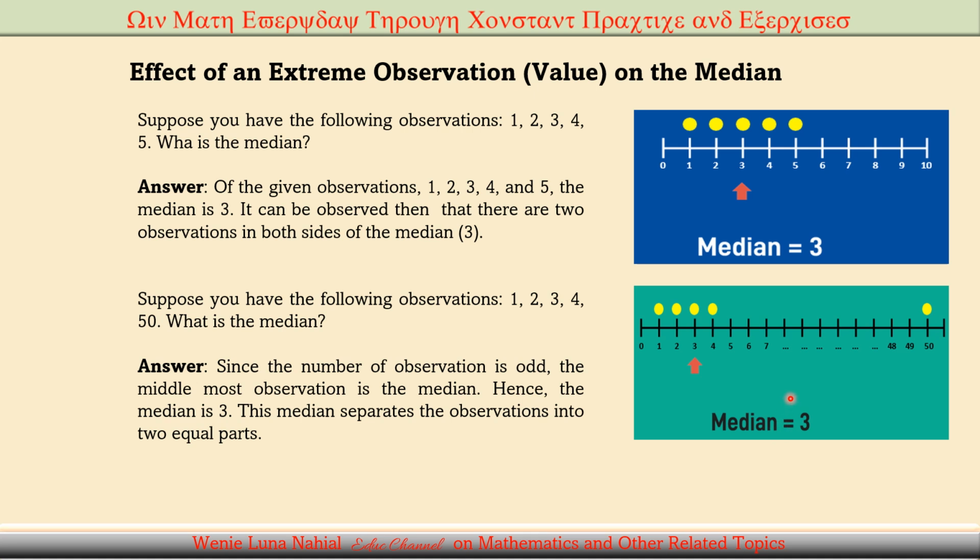And we can see on the illustration that the median 3 has 2 observations on both sides. So, this goes to show that the median is not affected by extreme values.